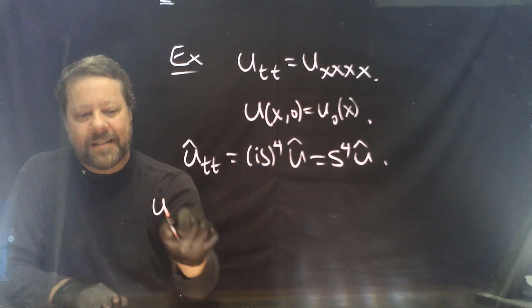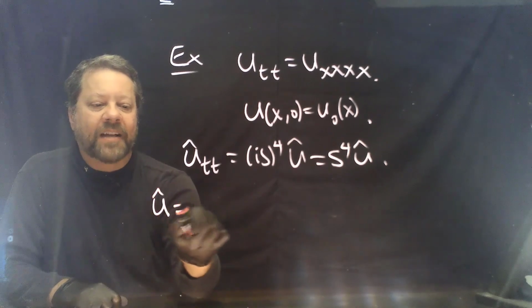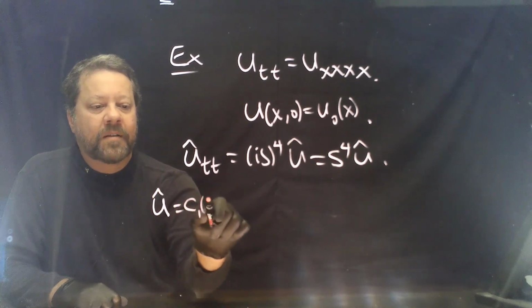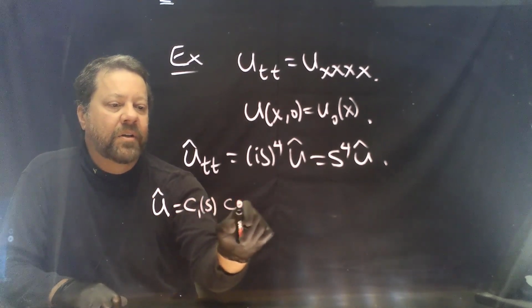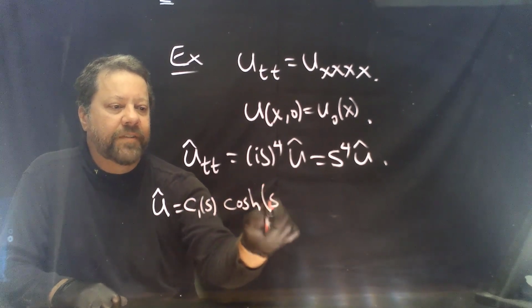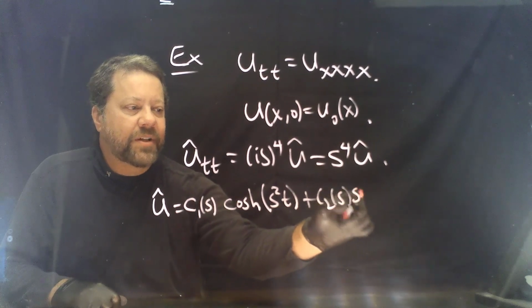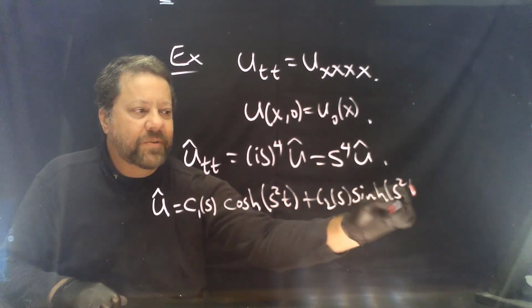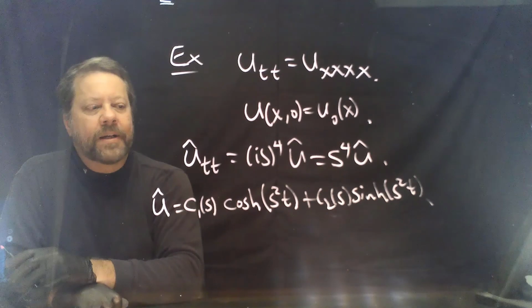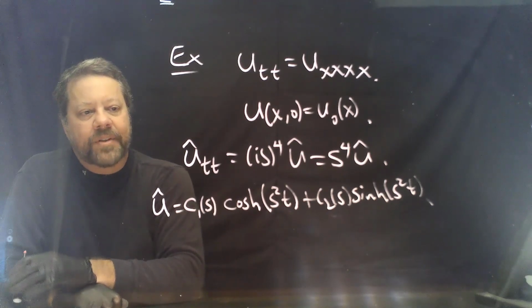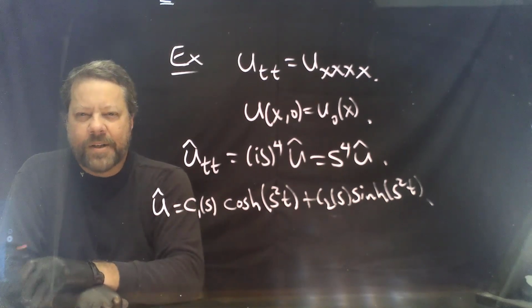So you might suspect that u hat would be some c1 of s cosh of s squared t plus c2 of s sinh of s squared t, but this would be a bad choice of solution basis for the original differential equation.